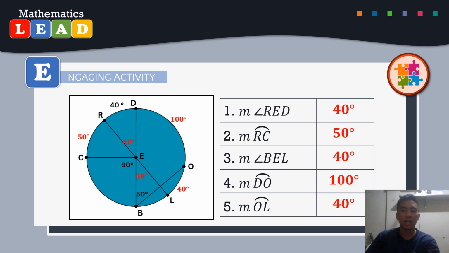Since angle BEL is a central angle, its intercepted arc, arc BL, is also 40 degrees. Now, to find arc OL, we add arc DO and arc BL, and then subtract the sum from 180 degrees since line DB is a half circle. Therefore, arc OL measures 40 degrees.